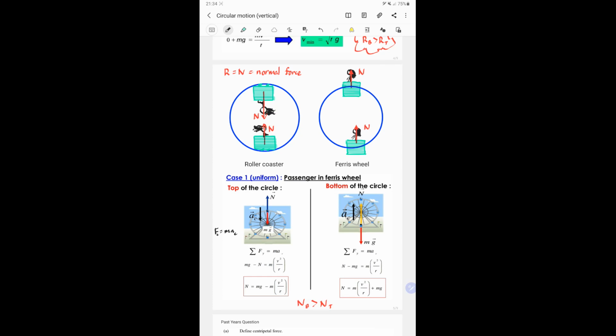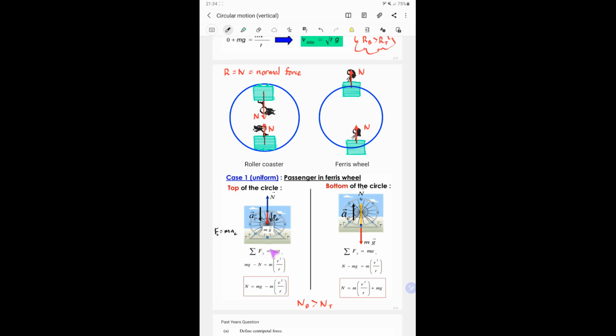When AC is directed towards the center, of course FC is also towards the center. In this case, FC is downward, which is to the center, so W is also directed downwards, so W is positive, while N is directed upward against FC, so N is negative.